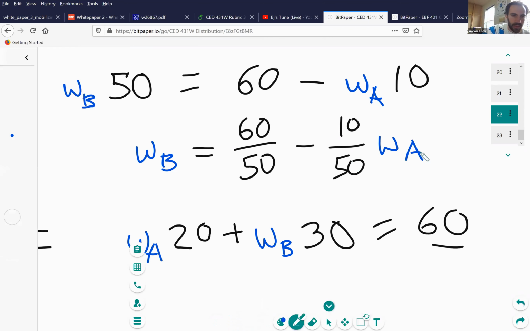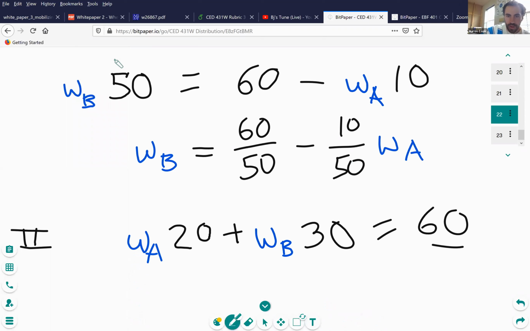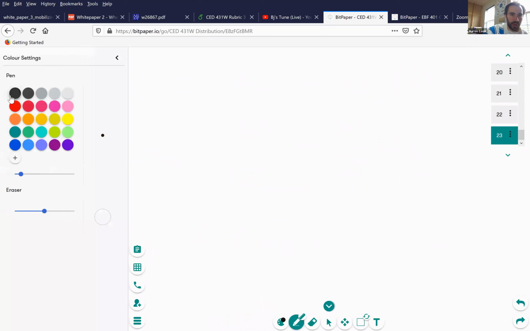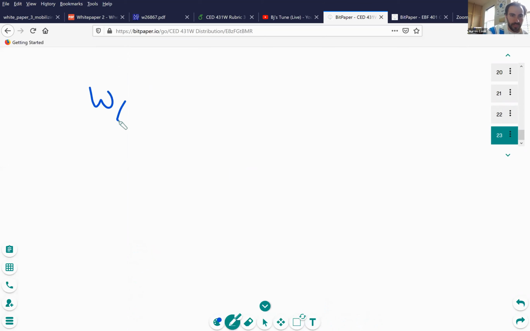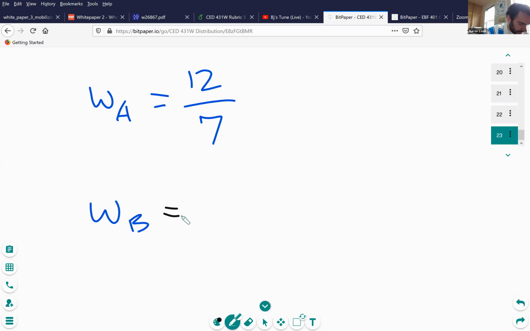This quantity for WB can be plugged into the other equation, and we can solve for WA. If you work that out, you can find that WA is equal to 12/7, and WB is equal to 6/7.